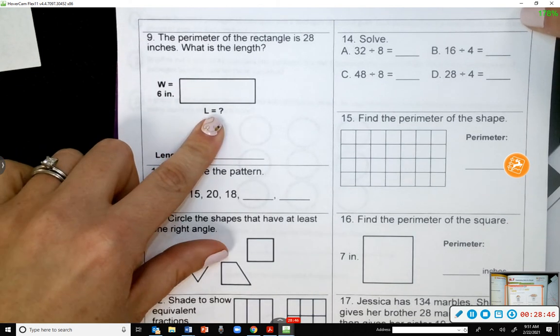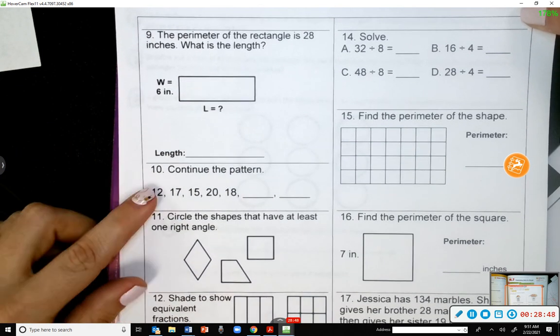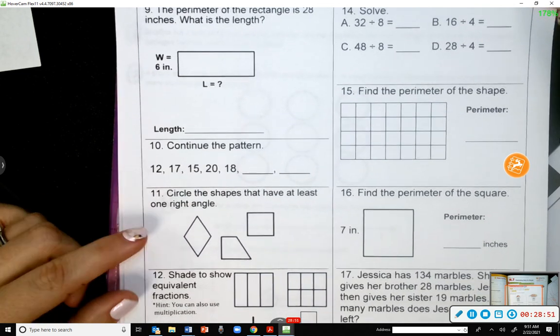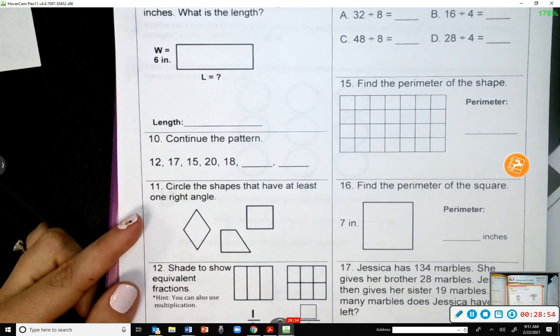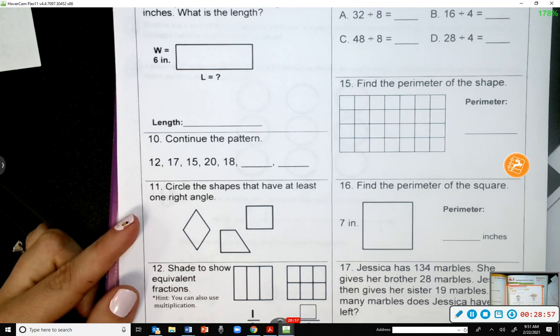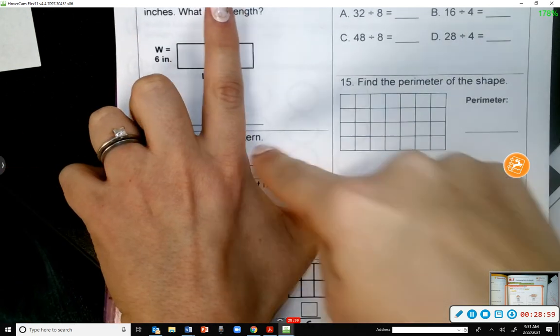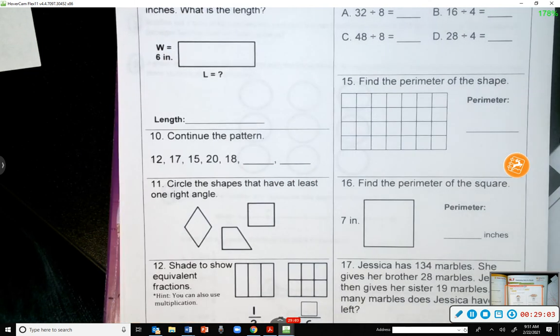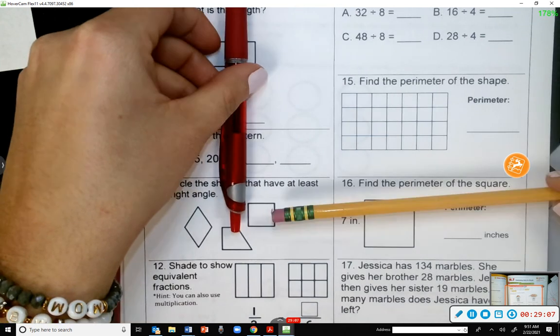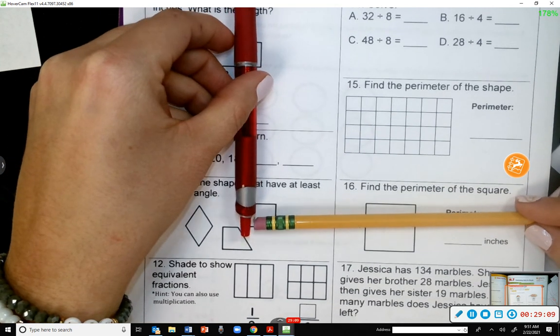L stands for length. Okay, continue the pattern. Circle the shapes that have at least one right angle. What does a right angle look like? An L. So it has to have a square corner. So it would look like this if I put 2 pencils together.